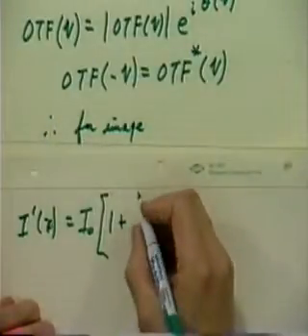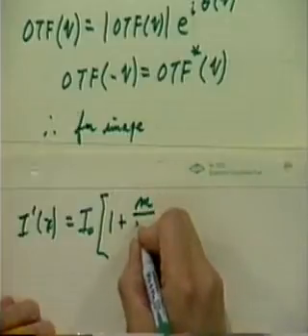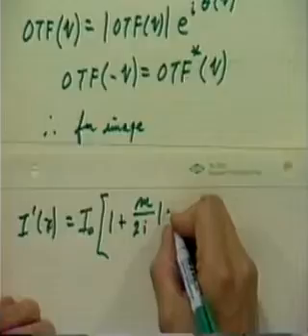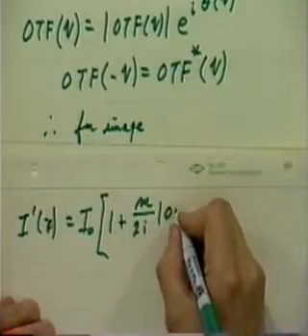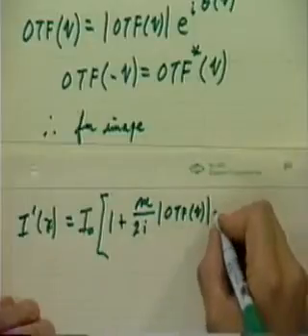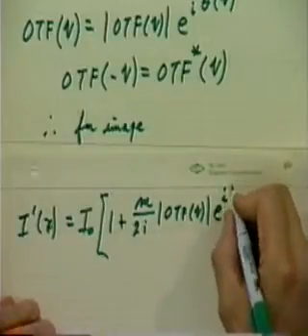So it's 1 plus m over 2i times the magnitude of the OTF times e to the i.